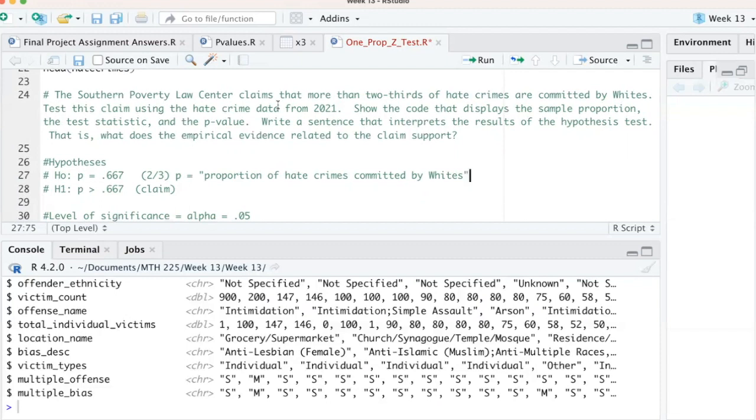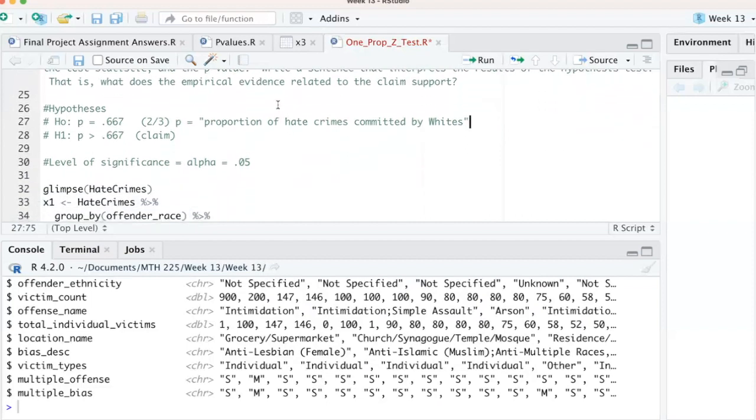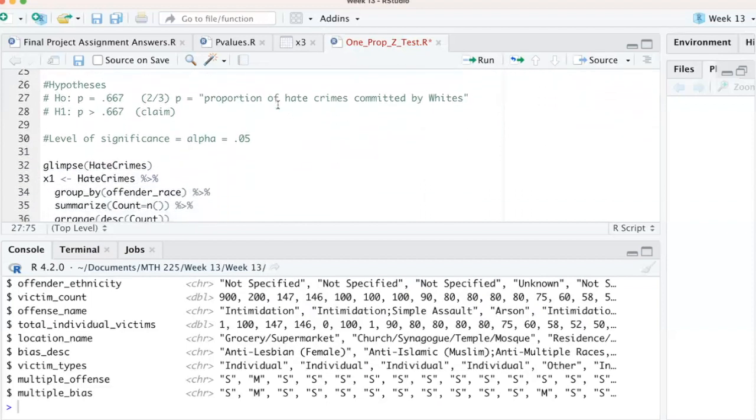So from our big sample of 226,000 incidences of hate crimes, we're going to use only those hate crimes from 2021. Along the way, we'll calculate the sample proportion, test statistic, and the p-value. Now, it's really the sample proportion that we have to go grab from the data. In the end, we'll interpret the decision and what our hypothesis test actually tells us.